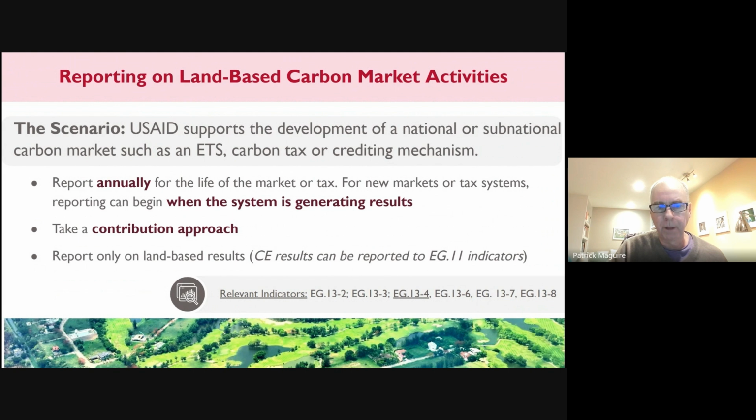Investment mobilized, 13.4. 13.6, the greenhouse gas emissions, estimated metric tons, again, taking them from the registries, and the number of hectares under 13.8 or potentially under 13.7 would apply here as well.